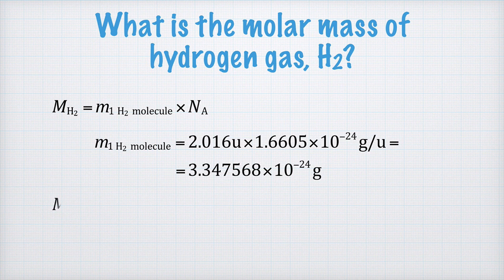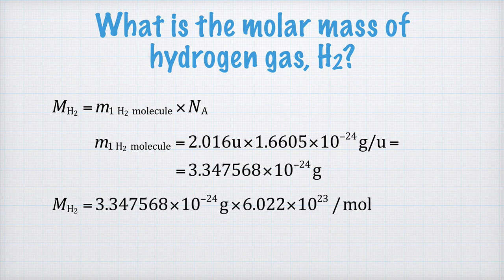So, let's multiply that with Avogadro's constant, 6.022 times 10 to the 23 per mole. When I do that on my calculator, I get that the molar mass equals 2.016 grams per mole.